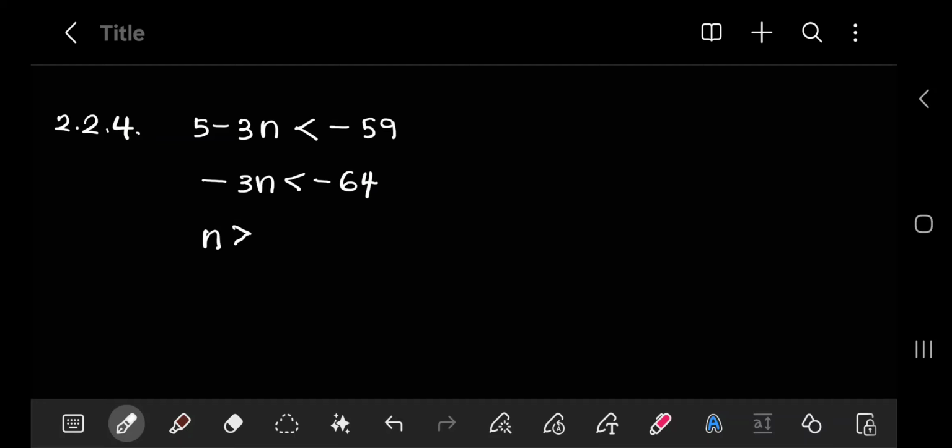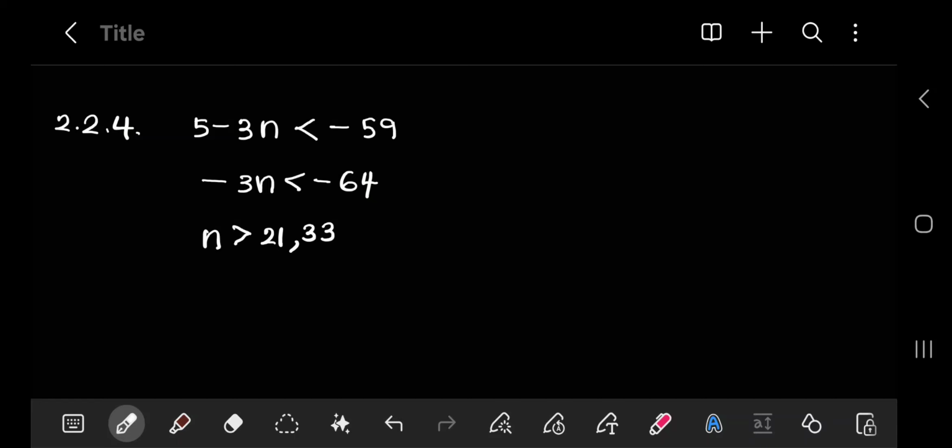And on the right hand side, negative 64 over negative 3 as a fraction would be 64 over 3, but I am concerned with the decimal, which is 21.3 recurring. So it's 21.333, and it continues like that. I will just take 2 decimal places.